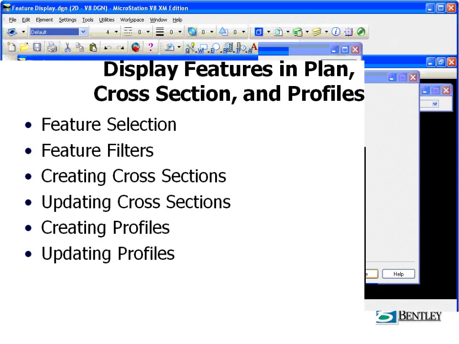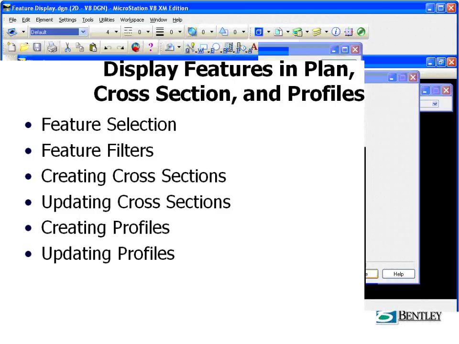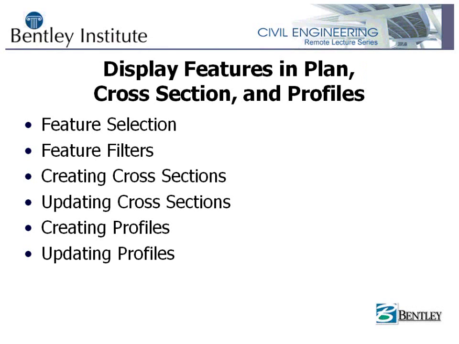That way we can just select features by certain attributes, in case you have multiple features inside a surface and you don't want to go through every feature. And then we'll go through creating the cross sections and updating the cross sections to turn on the features to display those cross sections. And we'll go through creating the profile and updating the profile. So we'll head back over to InRoads.